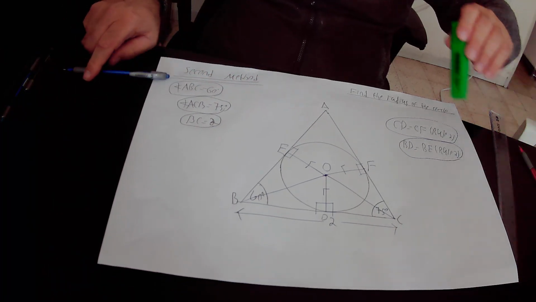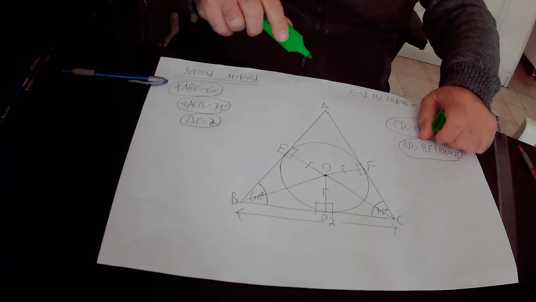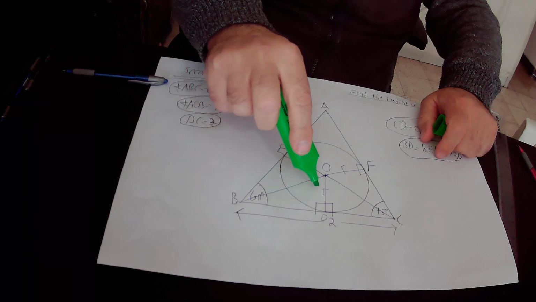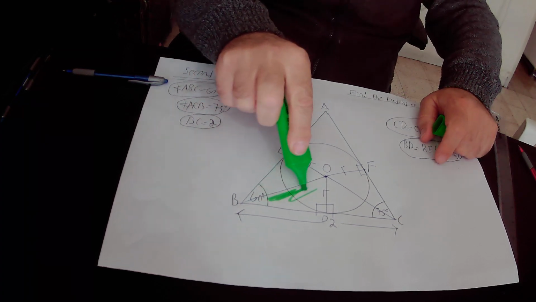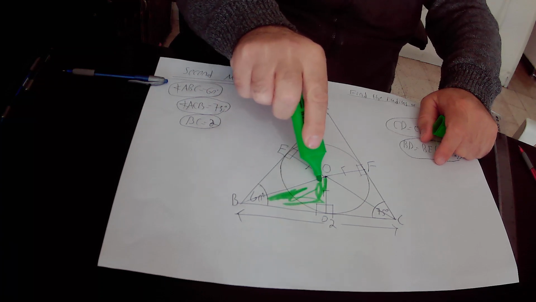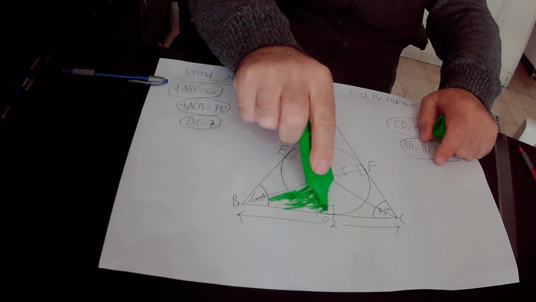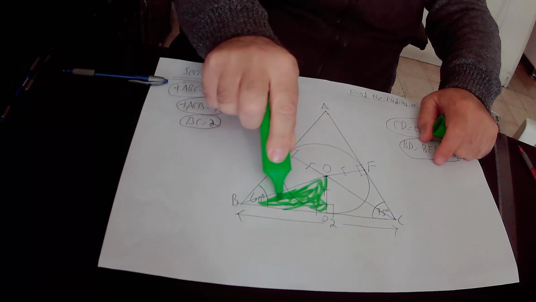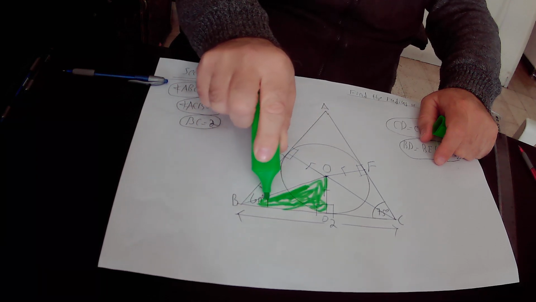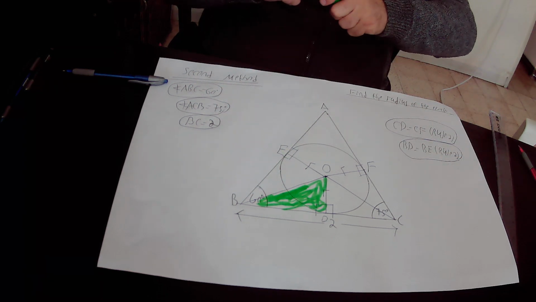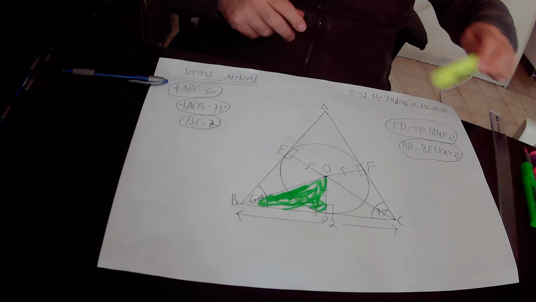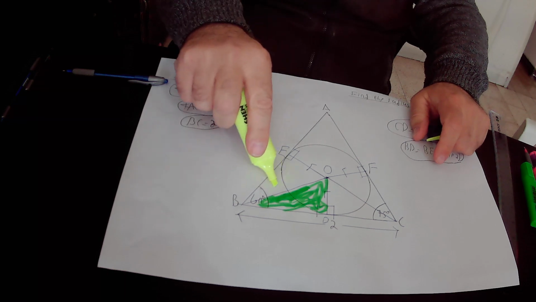That is to say, we will prove that the right green triangle, triangle ODB, is congruent to the right yellow triangle, triangle OBE.